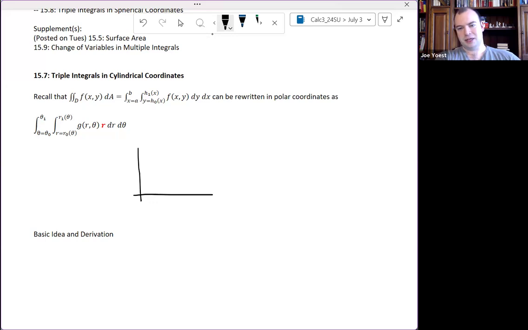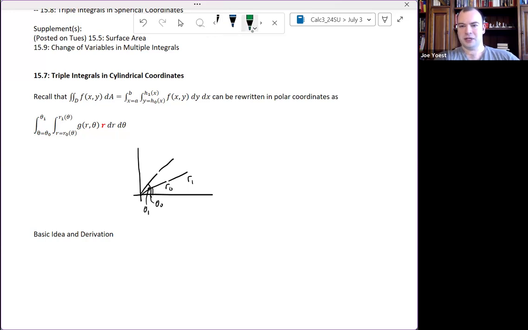So let's consider a polar, quote, rectangle, where we're going from some radius, say r naught, to some radius, say r1, and we're going from angle theta naught to angle theta 1.